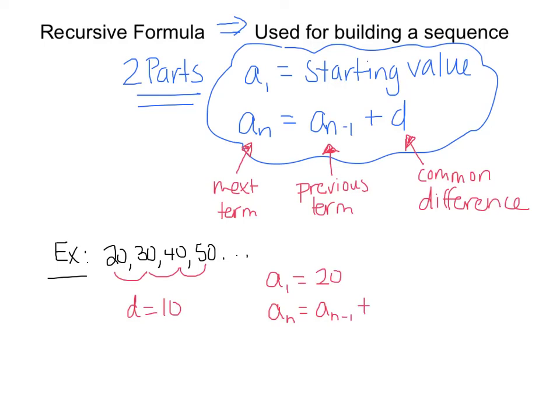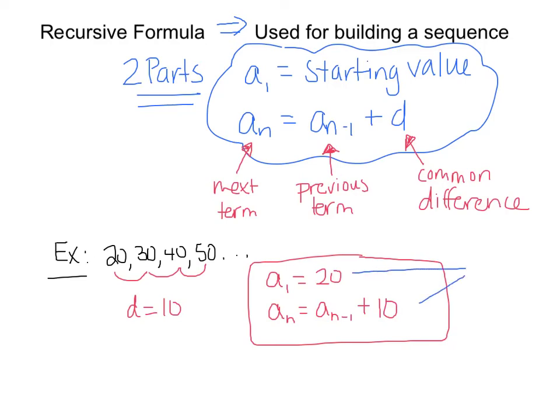So we're just going to add in the difference for this sequence, which is 10. And this would be your recursive formula. Okay? Now notice, this number and this number, those will be numbers always, but the others will just stay the variables.